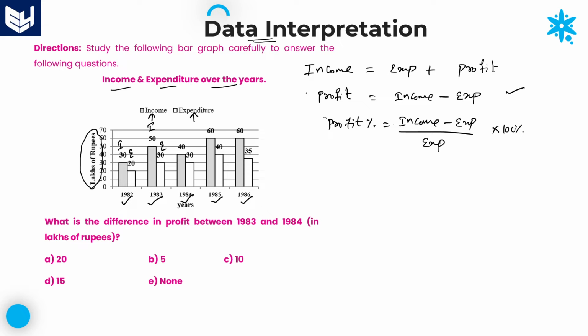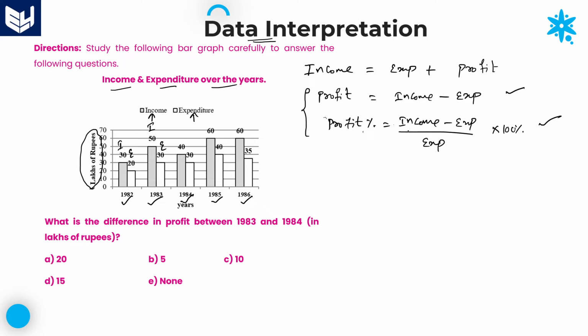These are the two things you have to know. Majority of the people know that profit is nothing but income minus expenditure. That is fine. But most students don't know this formula, that is, profit percentage is income minus expenditure divided by expenditure into 100.